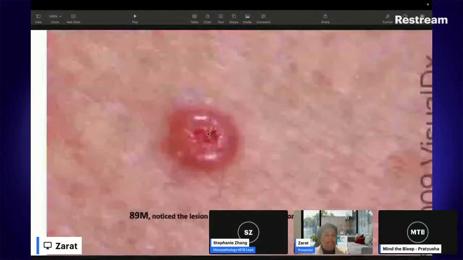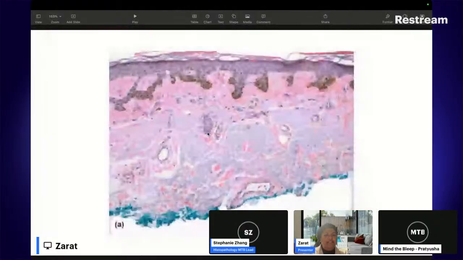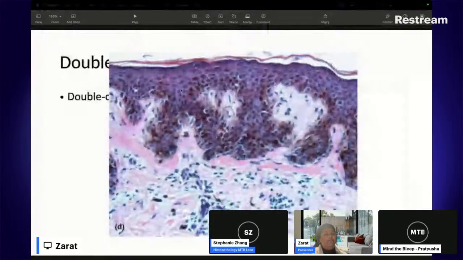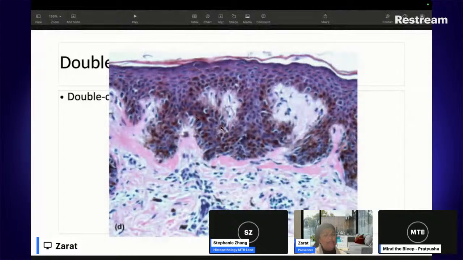The majority are the keratinocytes, but here we have lots and lots of melanocytes. So we know the abnormality is in the melanocytes.